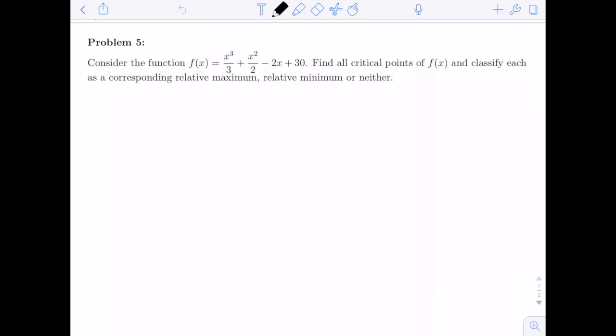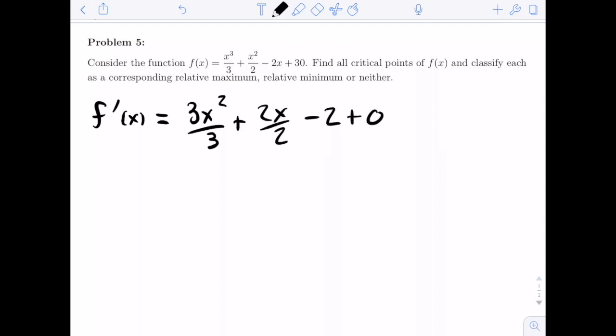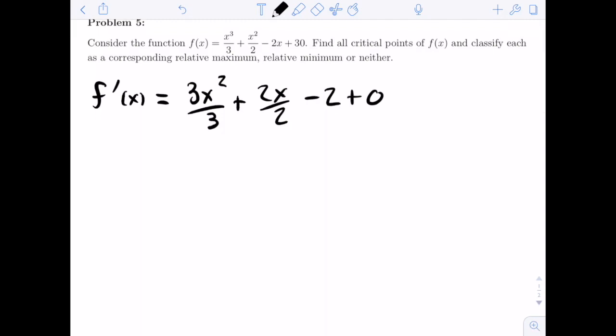But again, first things first, what we need to do is figure out what the derivative actually is. So we have f prime equals 3x squared over 3 plus 2x over 2 minus 2 plus 0. Right, so we just use the power rule on each of those things and the constant rule on the 30, which is where the 0 is coming from.